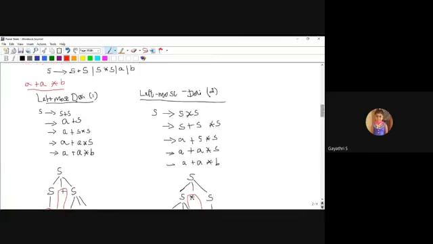What is the string here? A plus A star B.